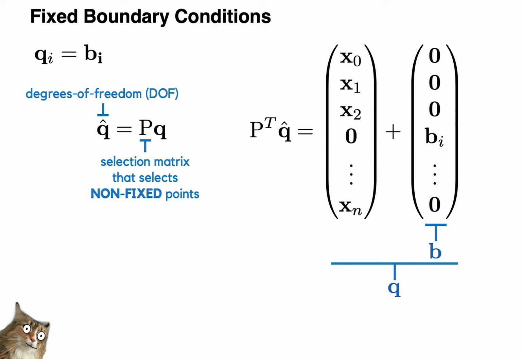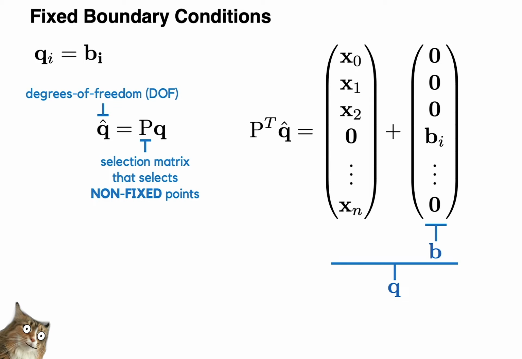To fill in these gaps, we're going to introduce a constant vector b, which is full of zeros, but contains the constant fixed vertex positions for the ith entries. We can use the sum of P transpose Q hat and b to build generalized coordinates Q. And by definition now, certain points in this Q vector cannot move.